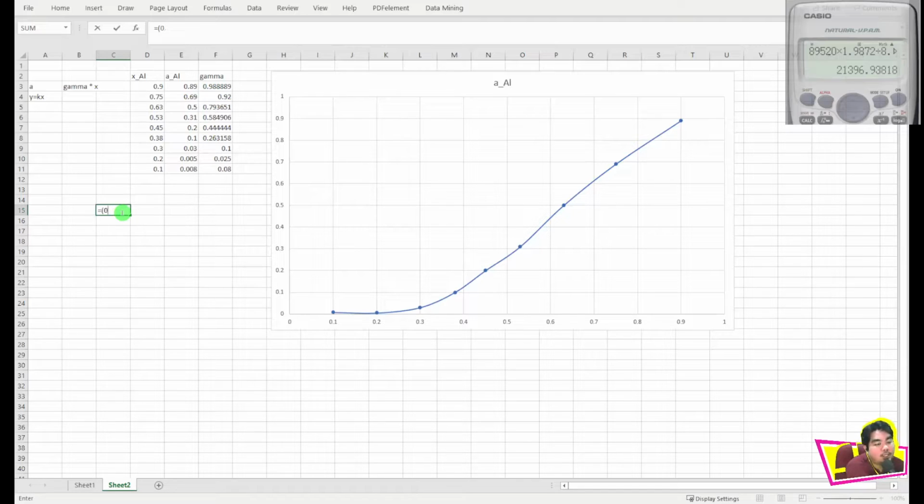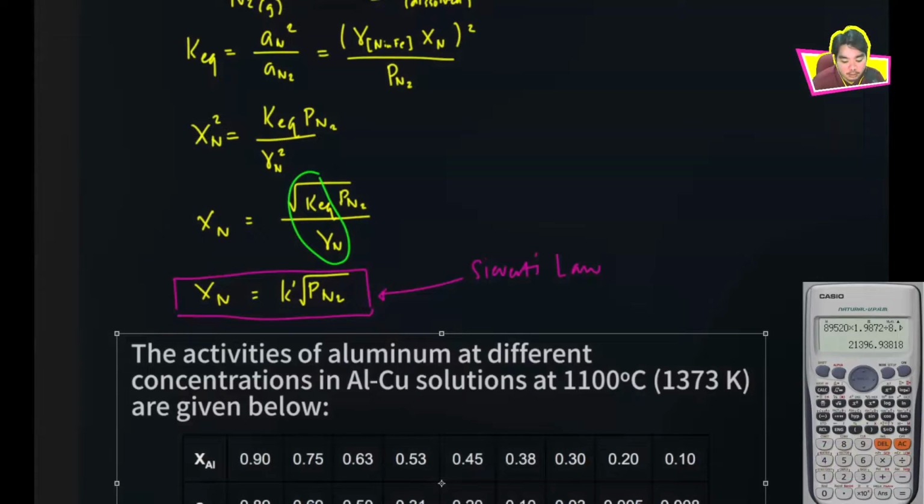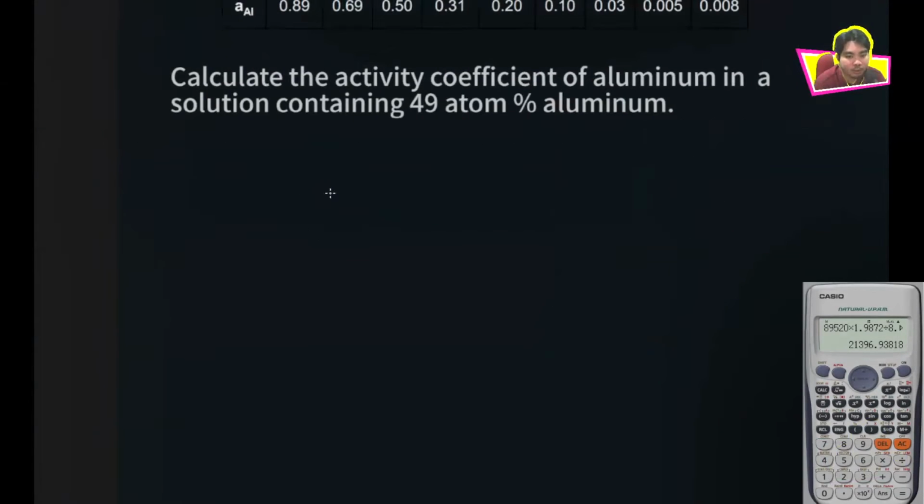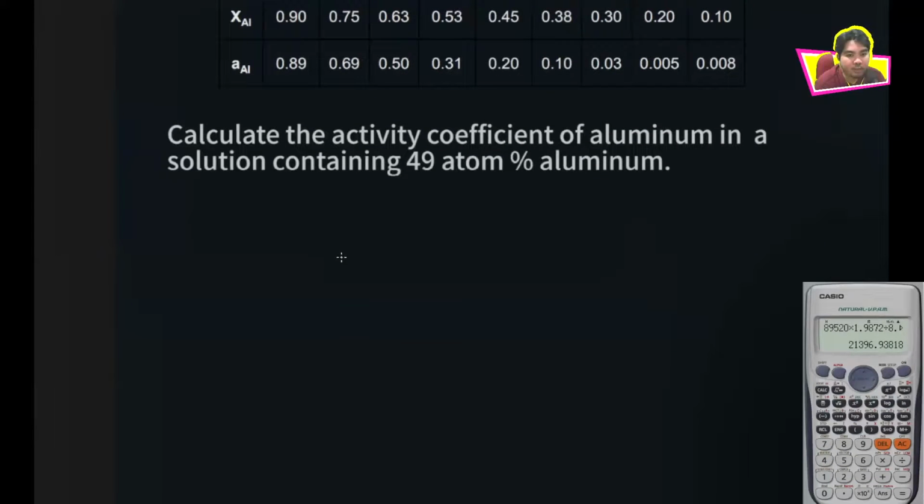Ang kailangan kasi natin is, we need the gamma, no? So, what we need is, we are interpolating 0.49. Kailangan natin yung gamma at 0.49.